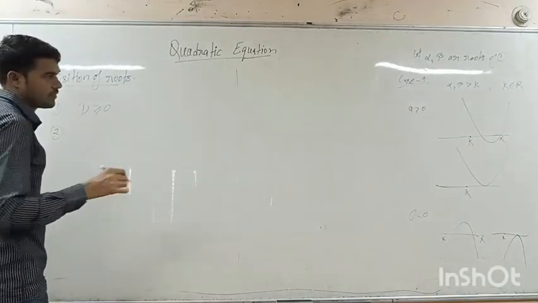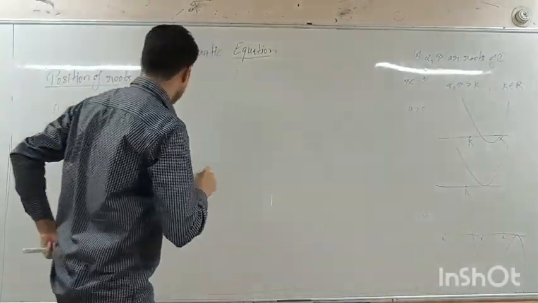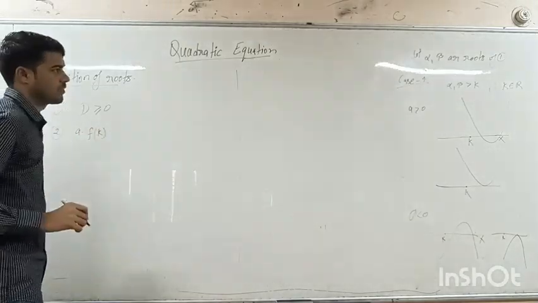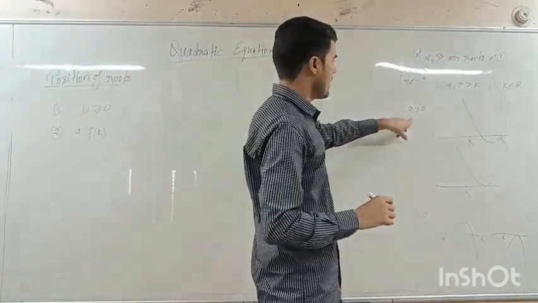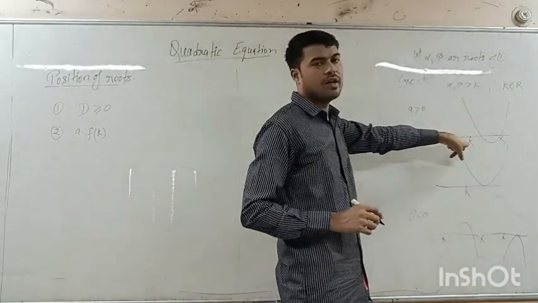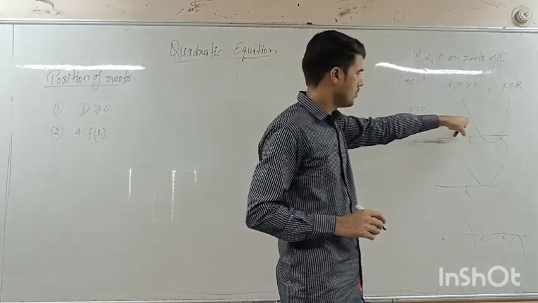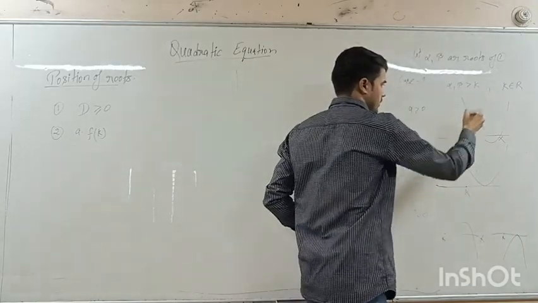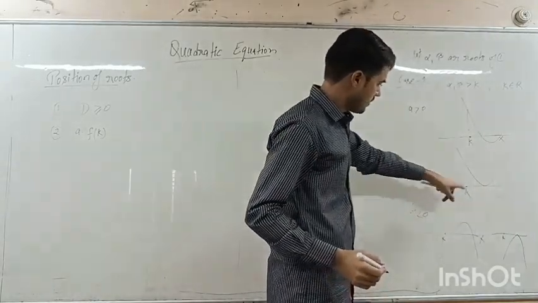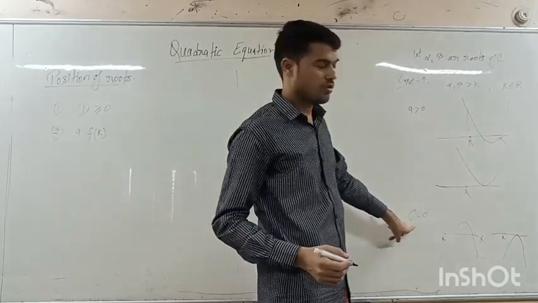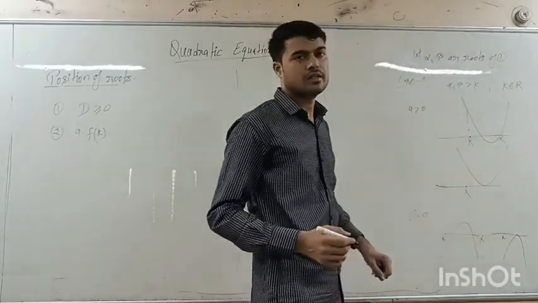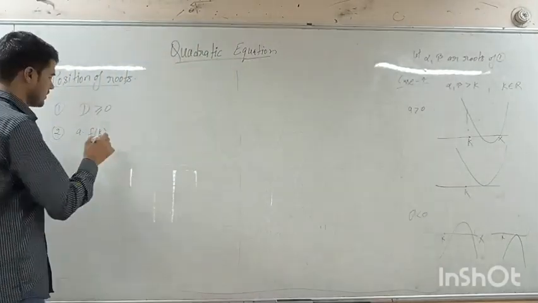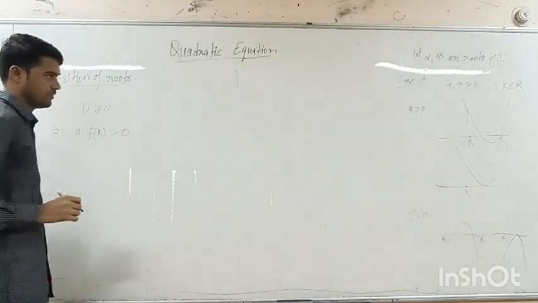And second, what can we say about a times f(k)? If a is positive, the value of the function at k is also positive. Same here, and if a is less than 0, f(k) is also less than 0. So we can say a and f(k) have the same sign, meaning a·f(k) is greater than 0.